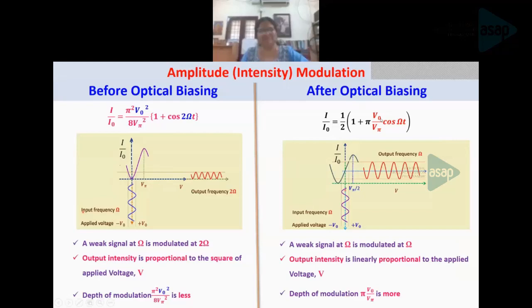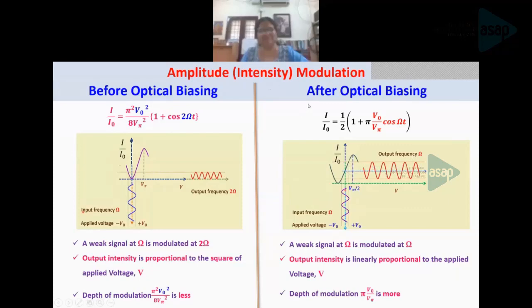Earlier, before biasing, the transmission factor I by I0 was very small, but now with optical biasing the transmission factor is increased to a minimum of 1 by 2. And the output frequency is also changed to omega.